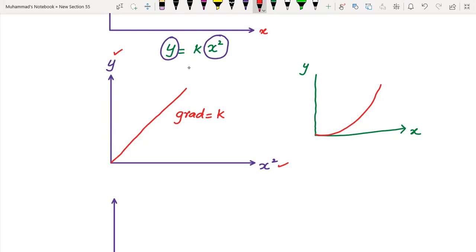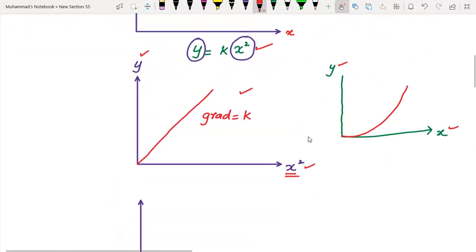So if y is proportional to x square and you plot x square versus y, you will get a straight line, and if you plot y versus x, you will get a parabolic shape like this. You have seen these types of graphs in your O-level mathematics.